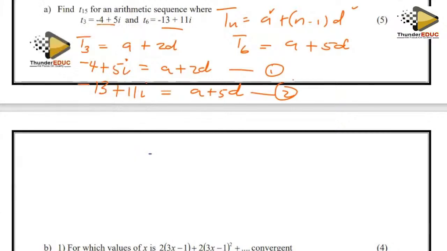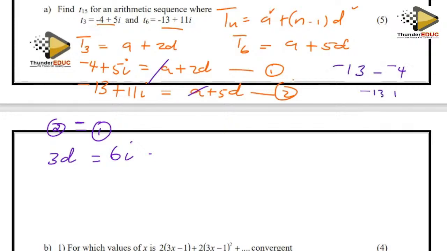So let me say equation 2 minus equation 1. Okay, so the a's are going to fall away. 5d minus 2d, that's going to give me a 3d, is equal to 11i minus 5i, that's going to be a 6i, and then negative 13 minus 4.